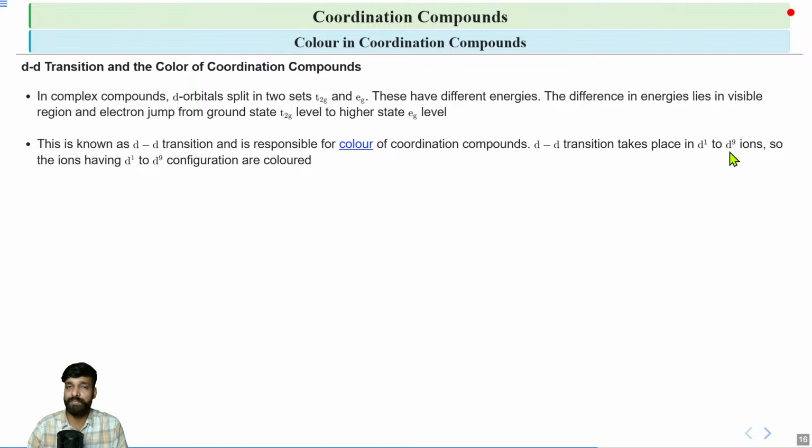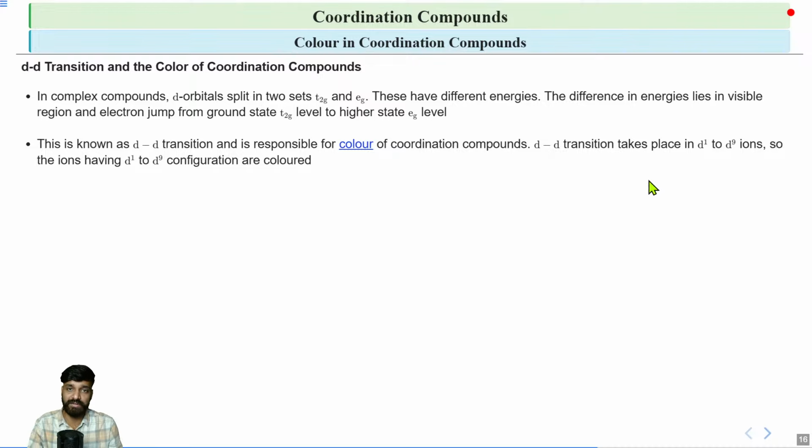Now, why is it not possible for D0 and D10? Because in the case of D0, there are no electrons present, so transition is not possible. And in the case of D10, all the orbitals are fully filled. Okay, so there is no chance of transition, means there is no space for the lower electron to go into the higher one because all the space is occupied.